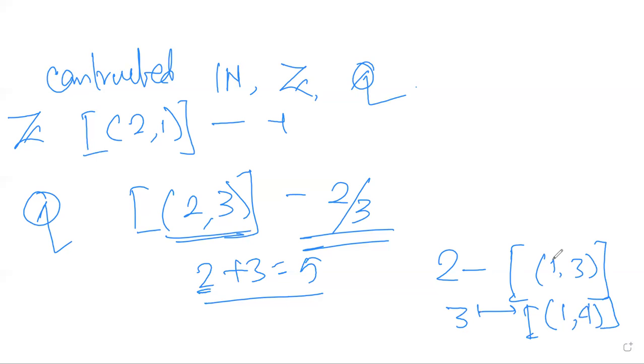Then the plus operation here will be (1+1, 3+4) = (2, 7). So if we see 7 minus 2 is 5, so 2 plus 3 is 5. So same, right? We can visualize these things in the equivalence set conception also. So now it is clear, right?